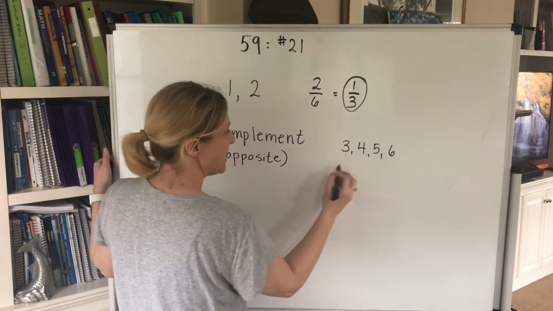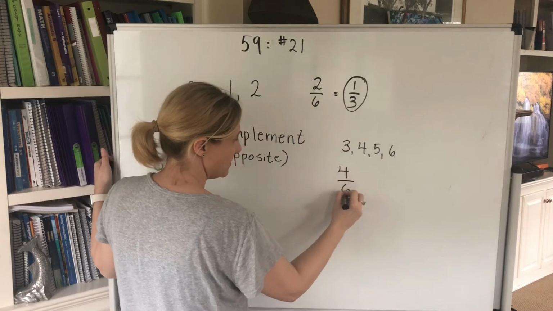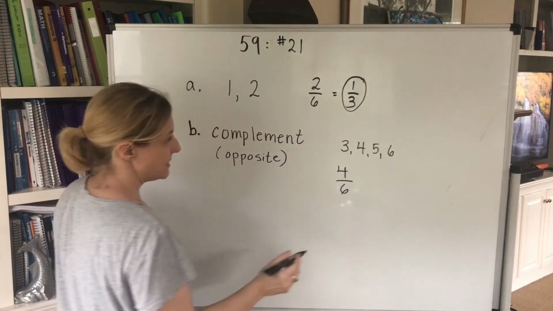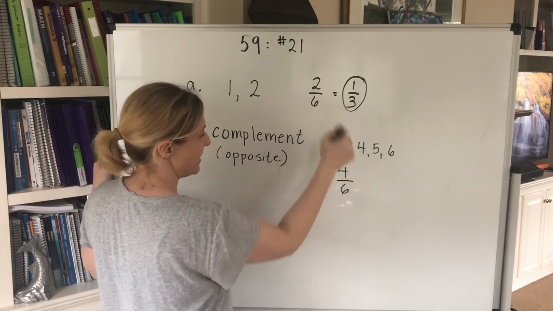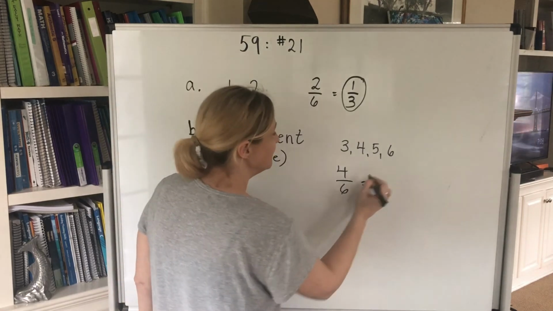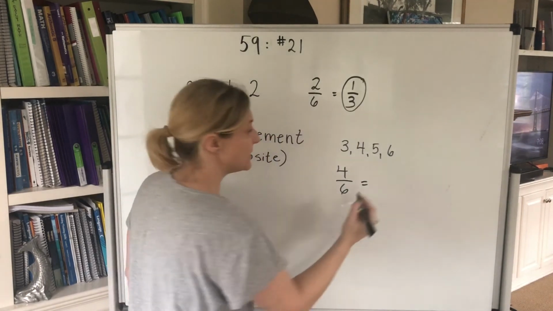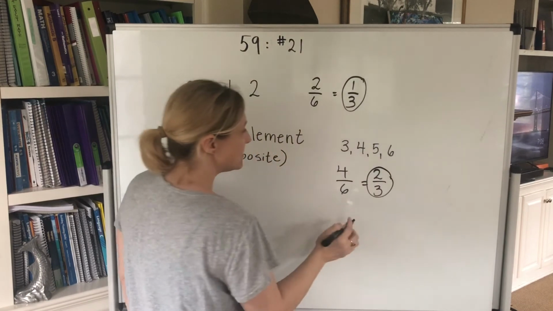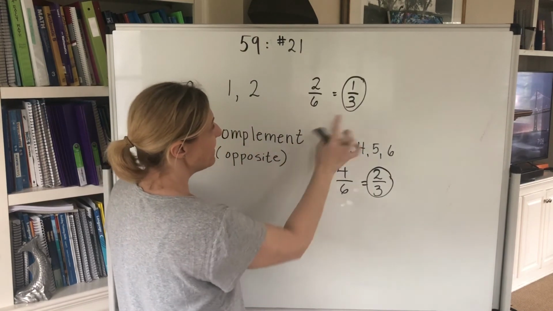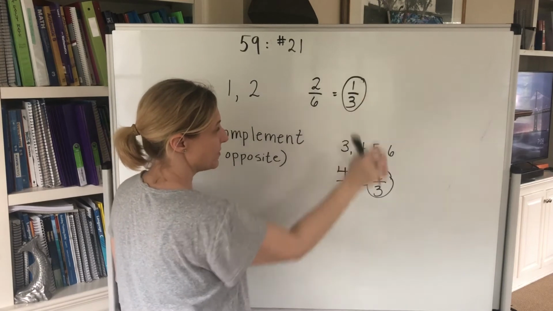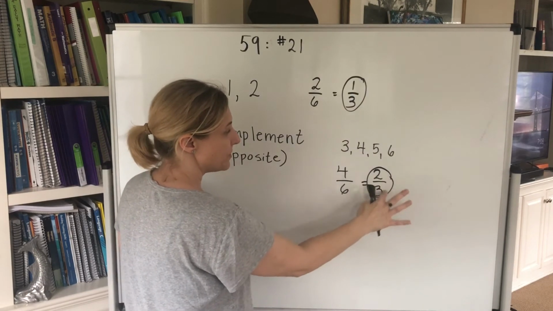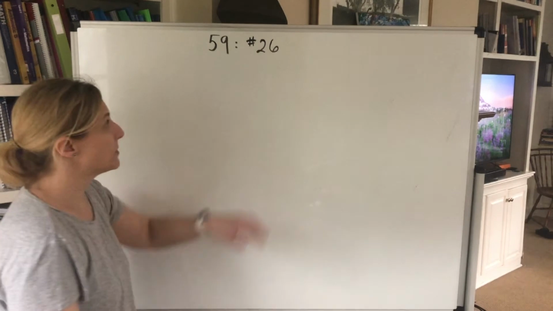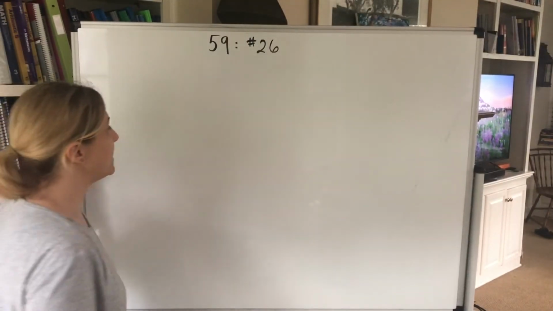So that would be 4 out of 6 choices for the complement of this event, which reduces to 2/3. So the complement of this event that was 1 to 3 is 2 to 3. Now we can look at number 26 on lesson 59.